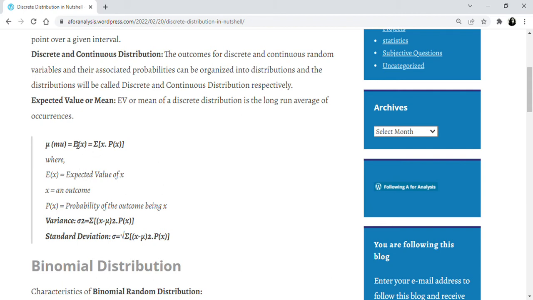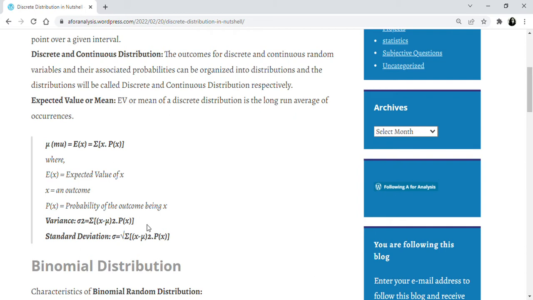This is also expected value of x, or we sometimes call it mu, is equal to summation of x into probability of x. So it will be like x1 probability of x1 plus x2 into probability of x2 plus x3 into probability of x3 and so on. So E of x is the expected value of x is the outcome, and P of x is the probability of the outcome being x.